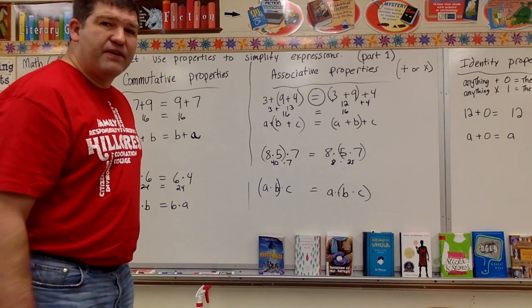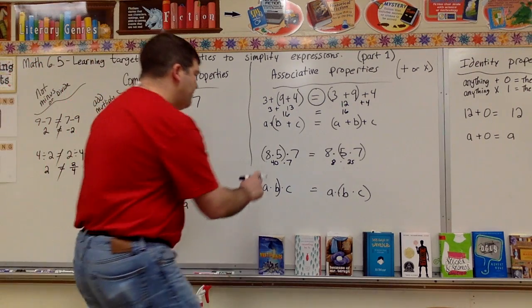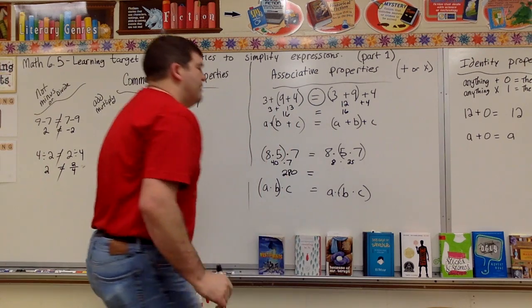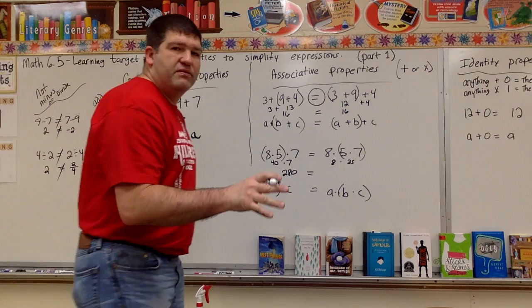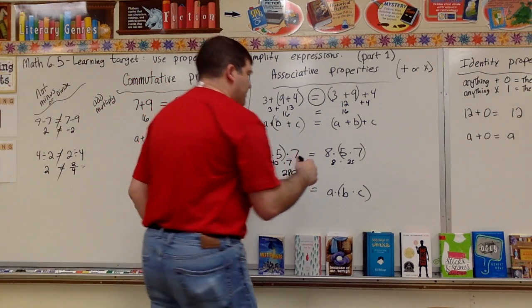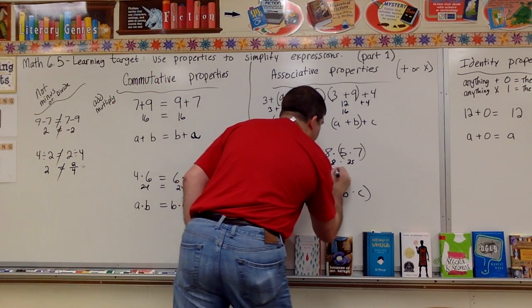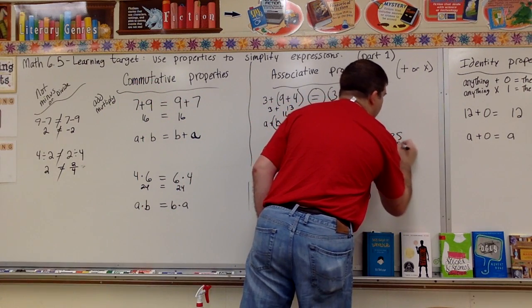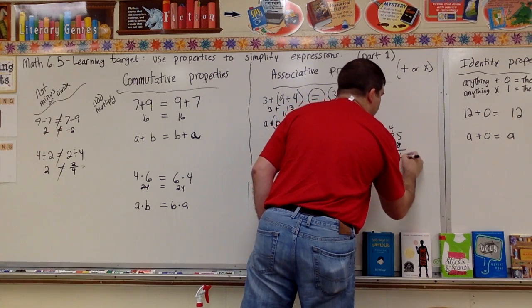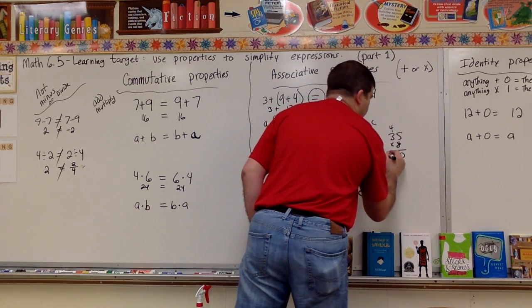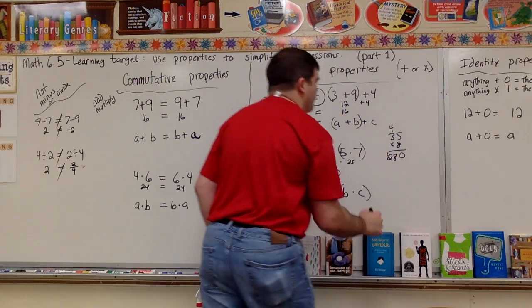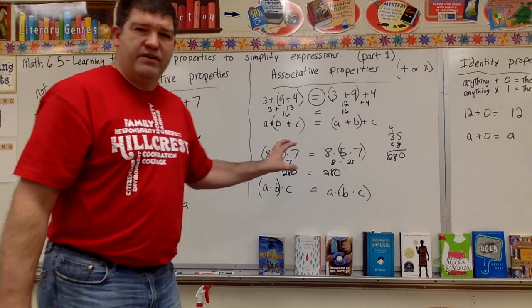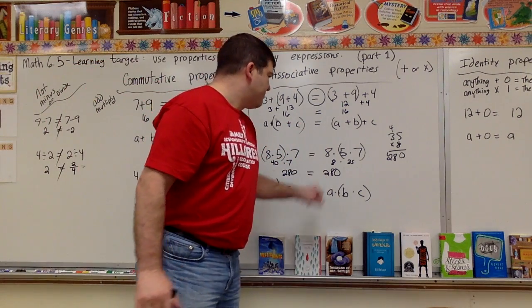It looks like I have different things, but if I finish it out, 40 times 7 is 280. And then 8 times 35, if I would do that on my calculator, I know that it is 280. 280 equals 280. Didn't matter what I did first. I get the same answer.